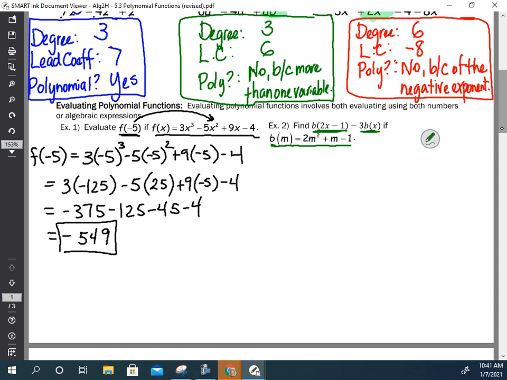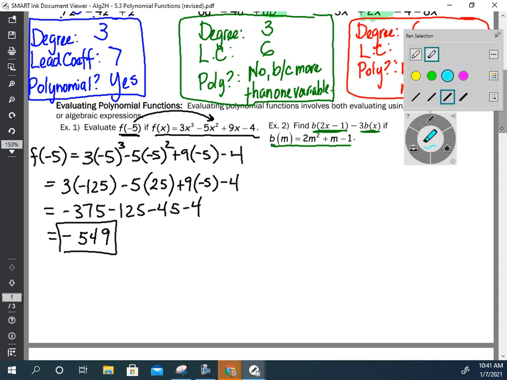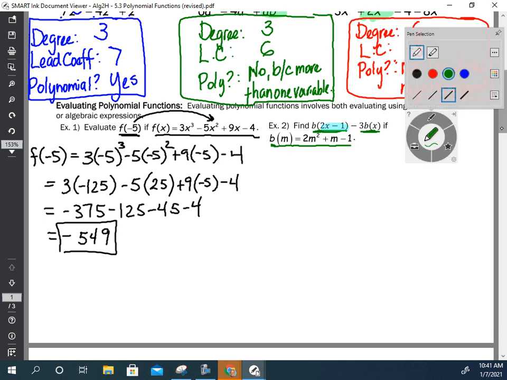So my advice is to read it first and then start attacking it. B of 2x minus 1 means take 2x minus 1 and plug it into the problem. So everywhere you see m, we're going to put in 2x minus 1.